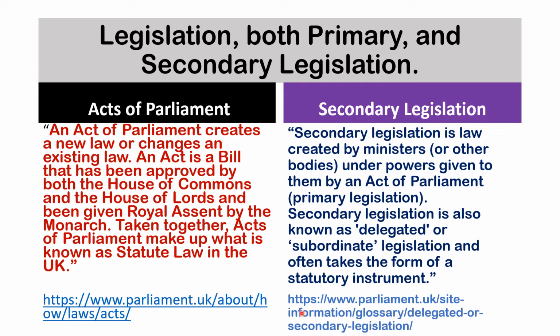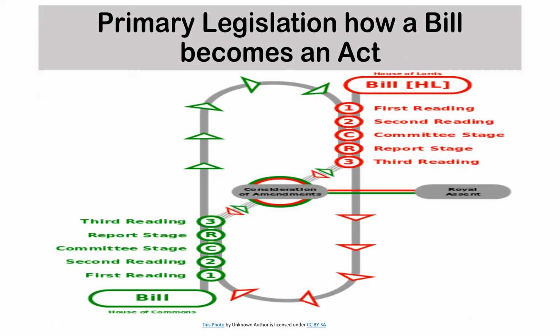And again, you will see I've provided a link there so you can look at that definition again. This slide shows how a bill gets through Parliament to become an Act of Parliament.